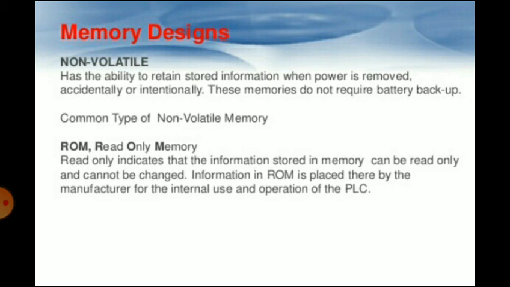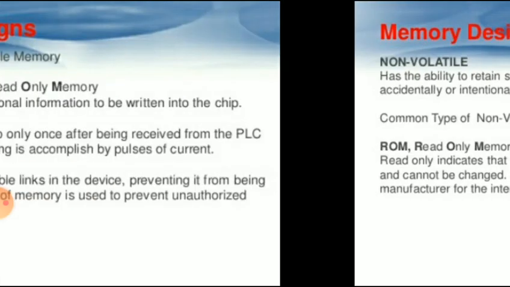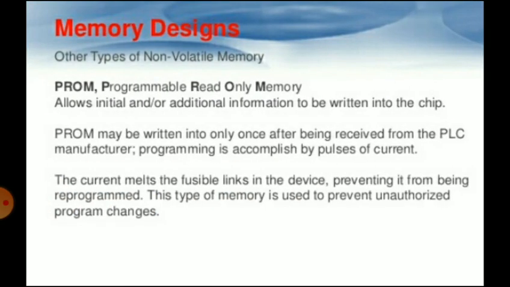ROM means read-only memory. The internal use and operation of the PLC require ROM to give permanent storage for the operating system. This non-volatile memory is normally designed so that the information stored in it can only be read and cannot be changed. Then next is PROM, that is programmable read-only memory.